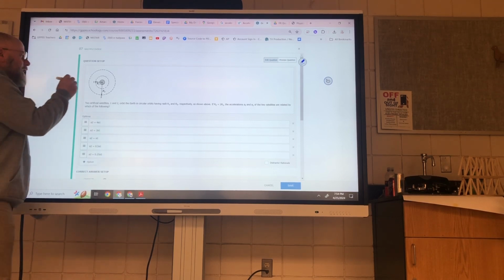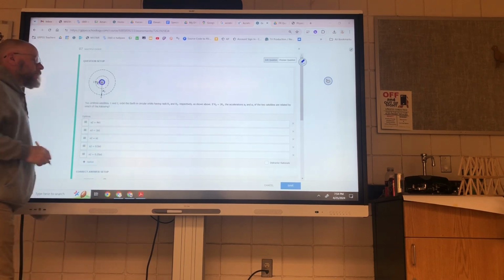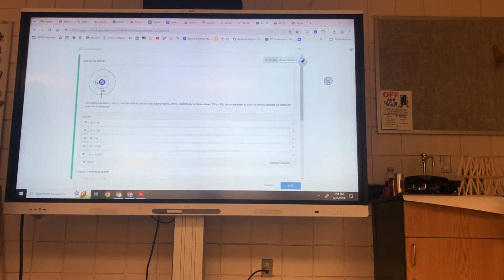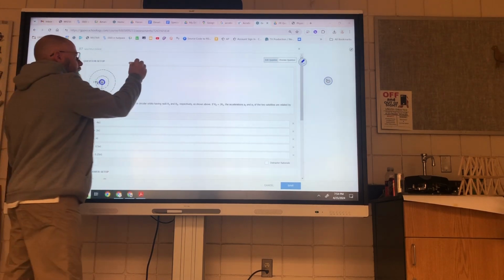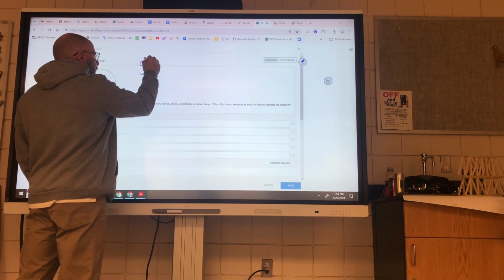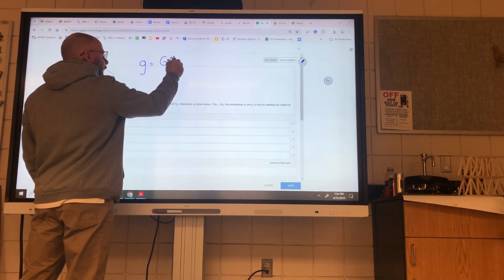So here's the deal. If you look at the surface of the Earth, what's our g value at the surface? It's about 10 meters per second squared, or 10 newtons per kilogram. But the gravitational field strength, as we saw earlier, can be calculated by the universal gravitational constant, times the mass of the planet, over radius squared.